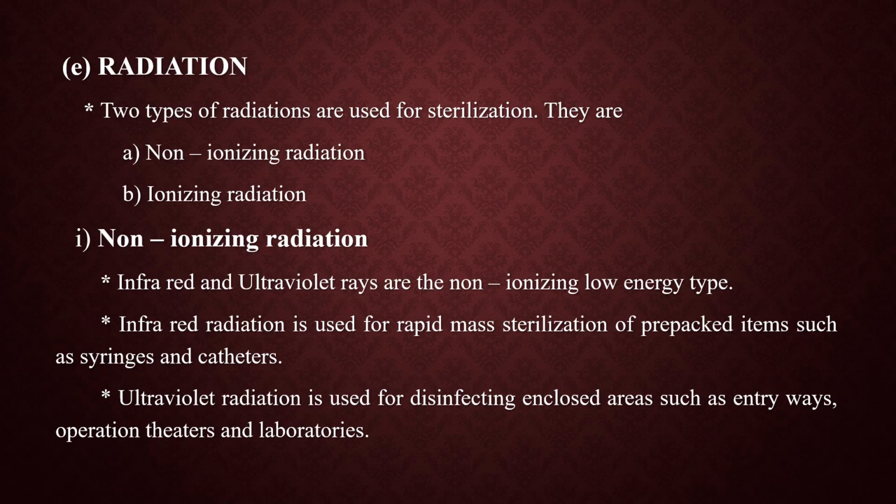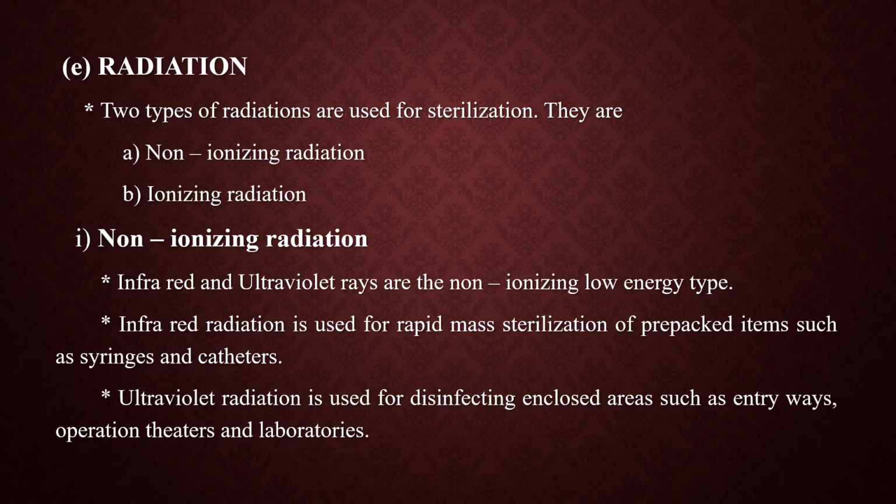The final method of physical sterilization is radiation. In sterilization, two types of radiations are used: non-ionizing radiation and ionizing radiation. The first one is non-ionizing radiation. Infrared and ultraviolet rays are the non-ionizing radiation. It is the low energy type.